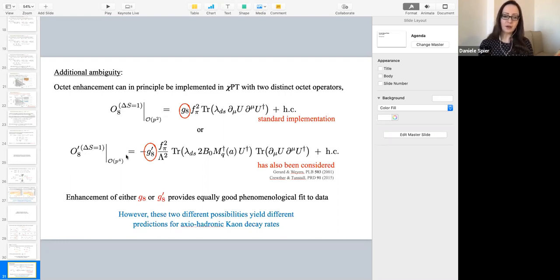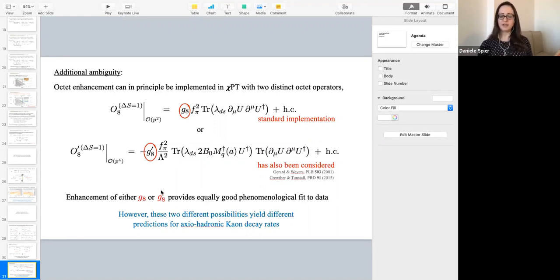However, there is another operator that comes at the next order, order p to the fourth. It looks like this, and you could perfectly well just enhance the coefficient of this operator instead of this one here. And you cannot, with existing data, distinguish these two possibilities, because enhancement of either G8 or G8 prime provides an equally good phenomenological fit to all Kaon decay data, K to pi pi and K to pi pi pi, yes?